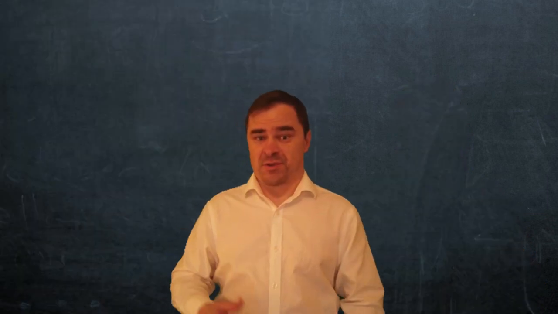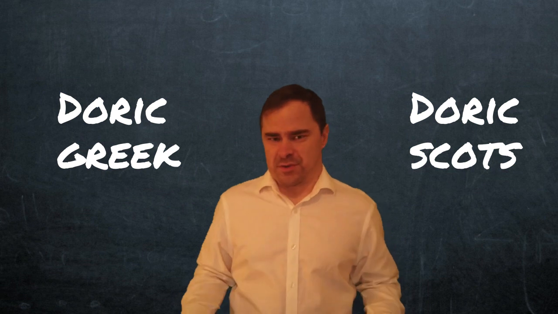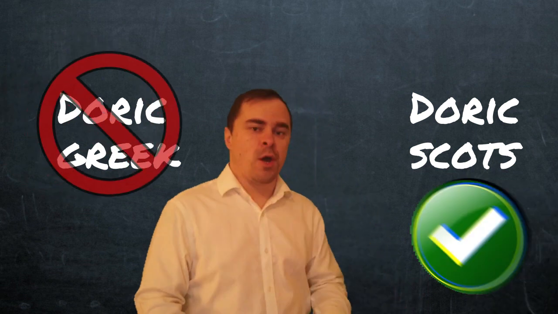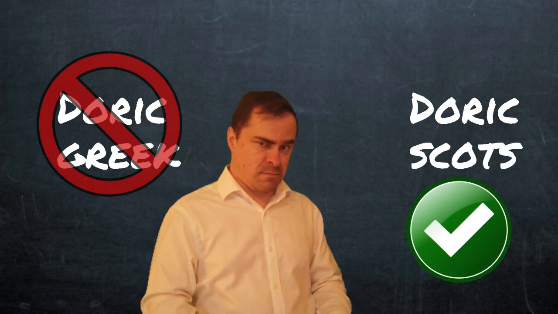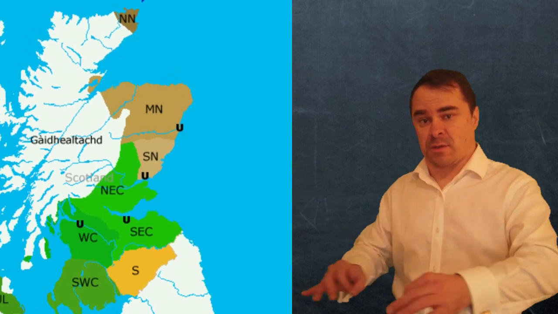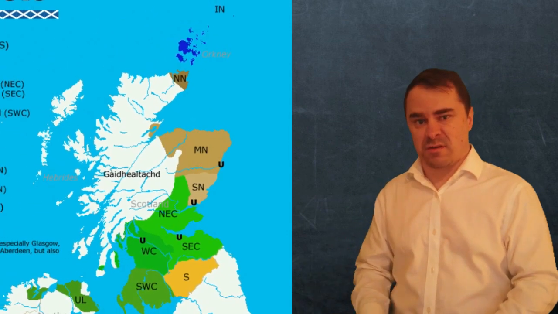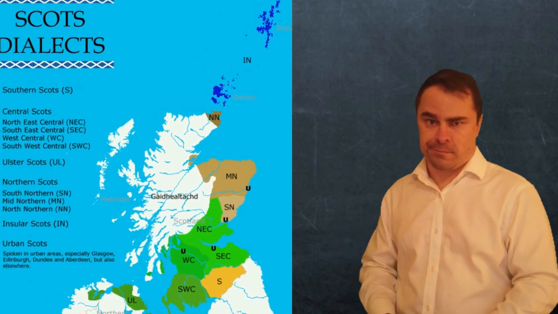And don't confuse this with Doric Greek. That's completely different. I don't know why they use the same name. Doric Greek, Doric Scots. But Doric Scots is a dialect of Scots. Scots is a language with different dialects, and it's simply the Scots spoken in the northeast of Scotland. There you go.